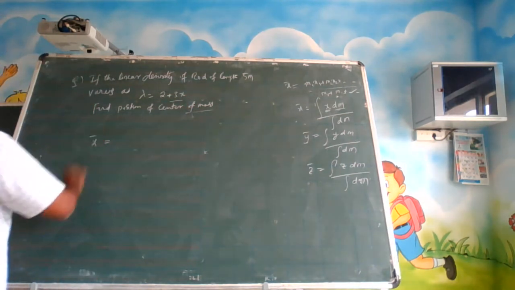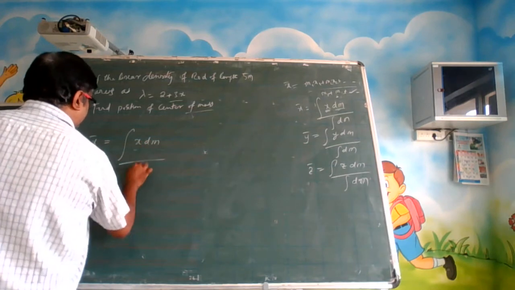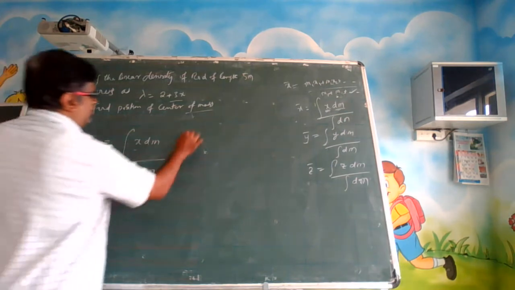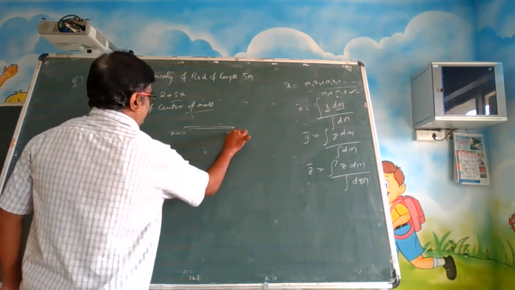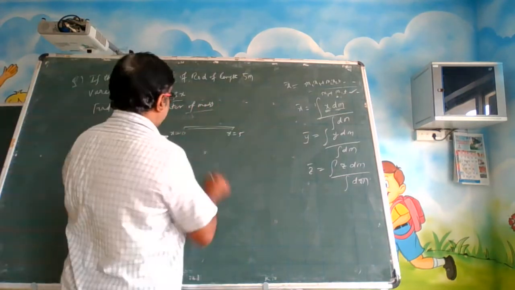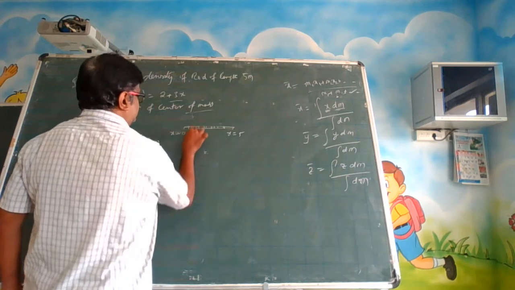So x bar will be given by integration of x dm divided by integration of dm between the boundaries. A rod of length 5 meters means from x equal to 0 to x equal to 5 will be the boundaries. From here to here you are integrating. What are all these small elements? These small elements are nothing but dm's.